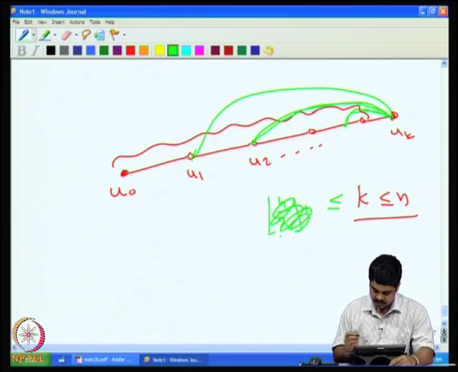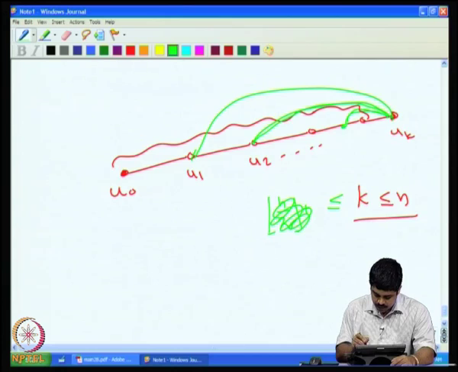So the n by 2 neighbors of uk have to be present somewhere here.